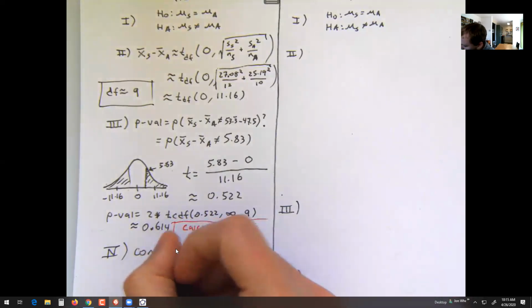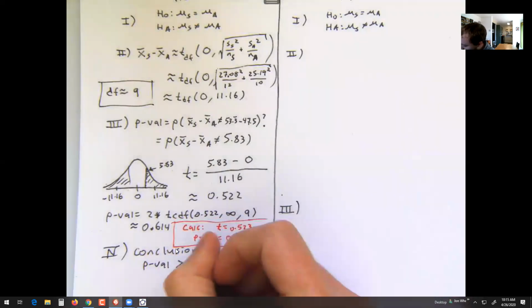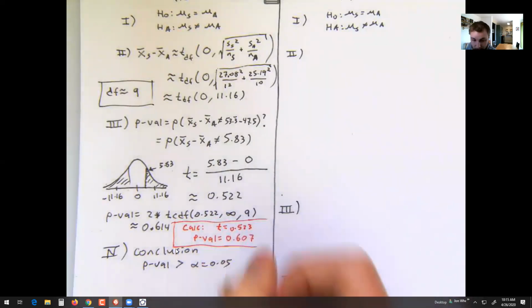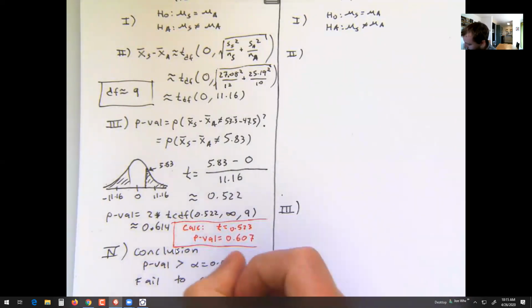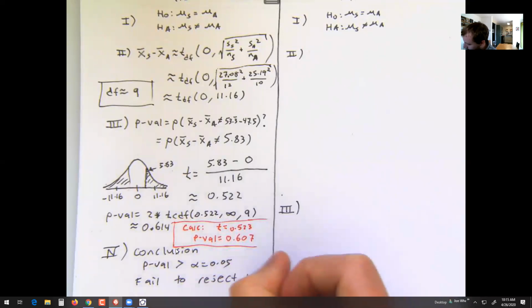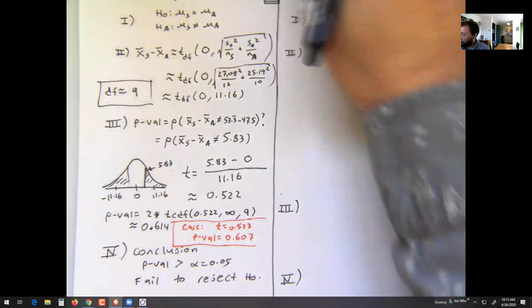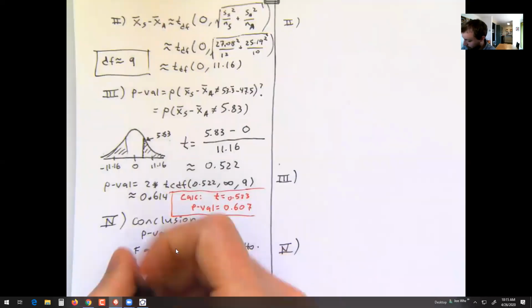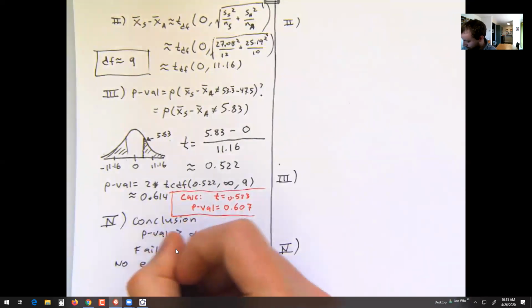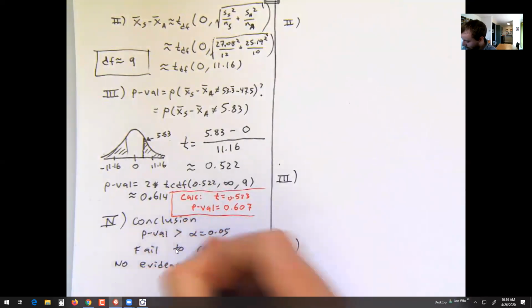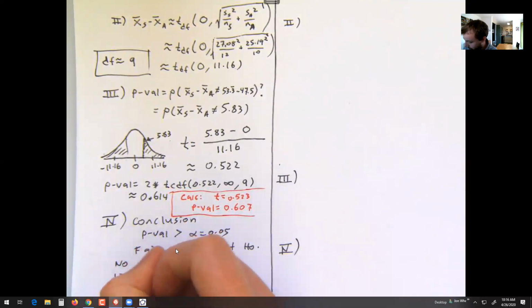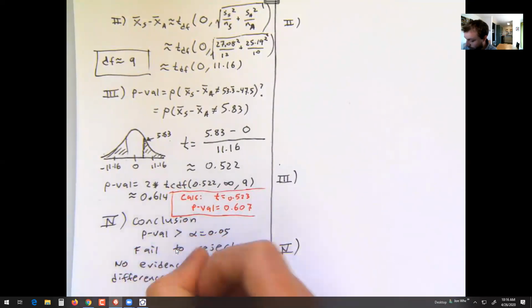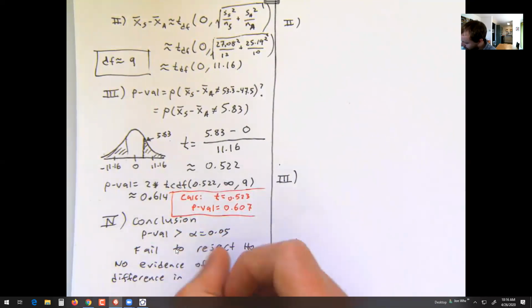If your p-value is larger than your alpha, you would fail to reject the null hypothesis, which means in this case, there's no evidence of a difference in average travel distance.